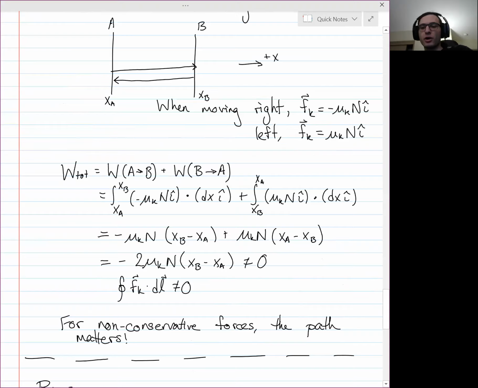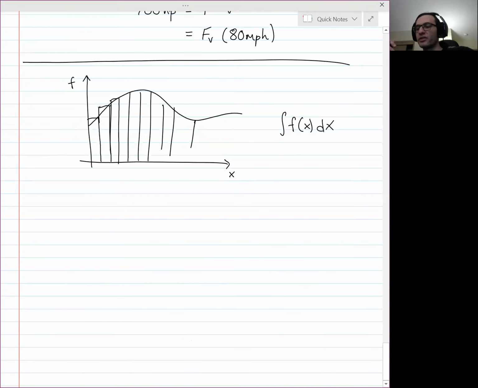But anyway, let's go back to talking about line integrals, because I think you guys could probably use this. You know how the integral is just a limit process of adding up the area of all of these rectangles. You find the area of each rectangle, and then you take the limit as the rectangles get narrower and narrower until you have so many rectangles that it's not an approximation anymore.